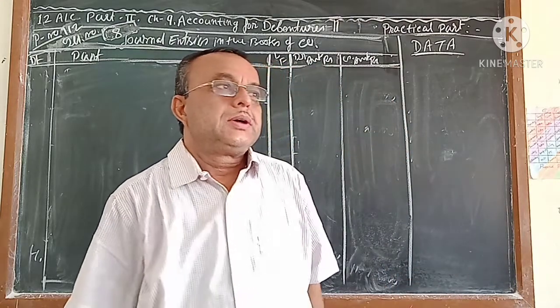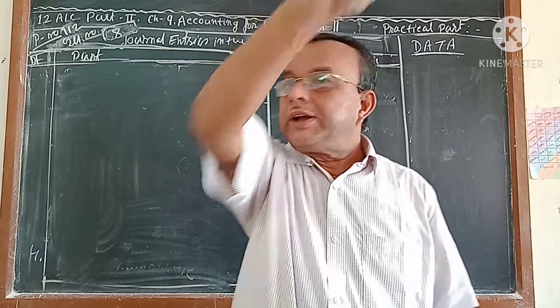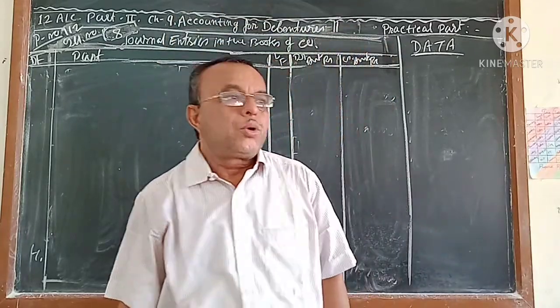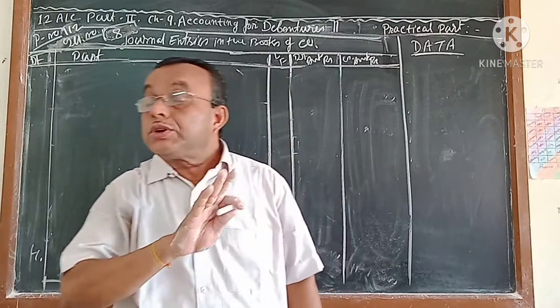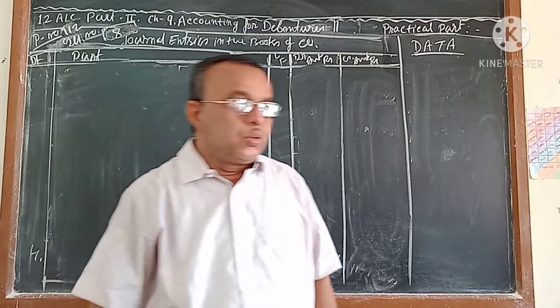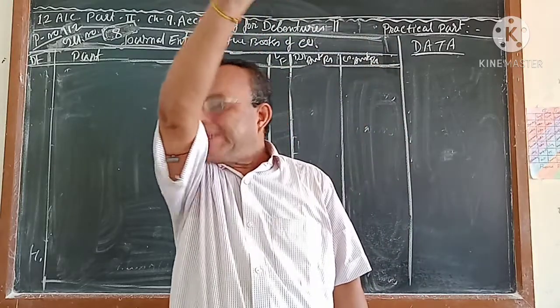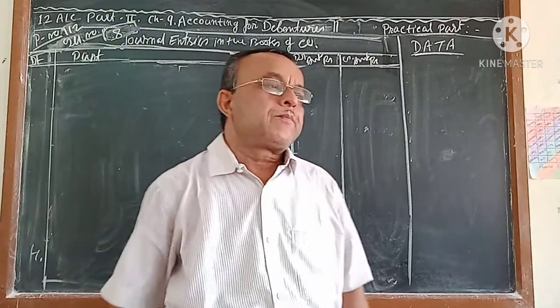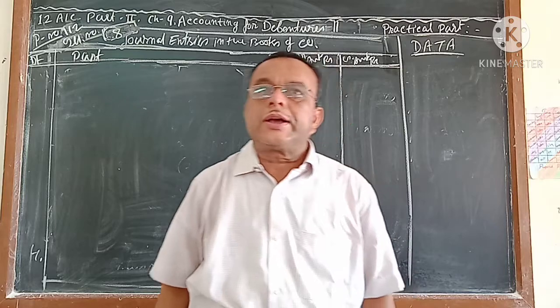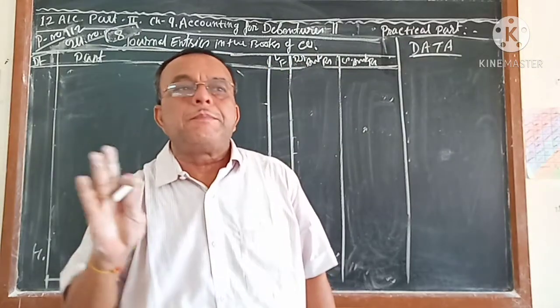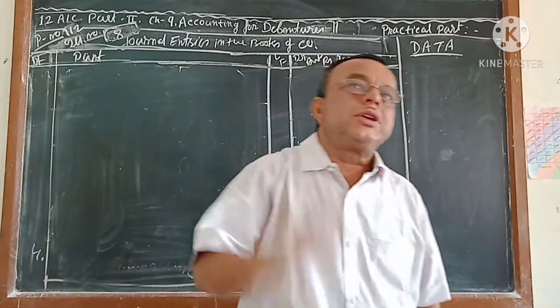See, actually pro rata was covered, but I already taught pro rata in the previous chapter. Pro rata means that you are not going to reject full applications. You accept a proportionate number of the debentures, and the excess debenture money you are not going to give back. It is adjusted with the next installment.